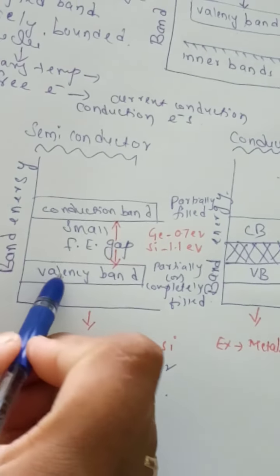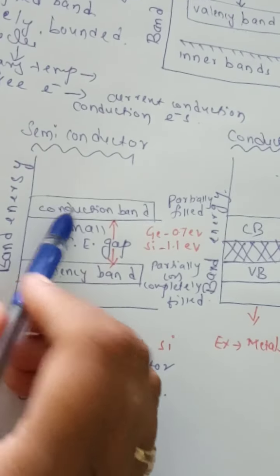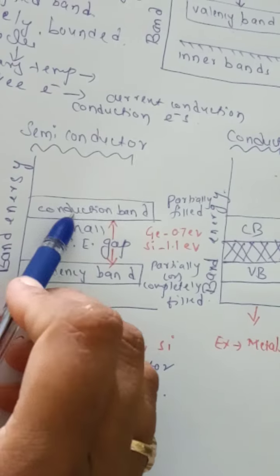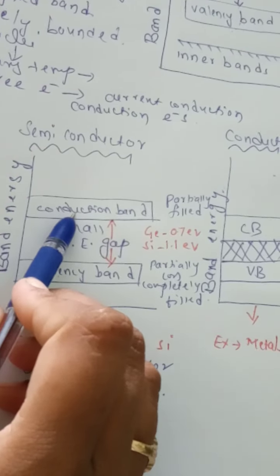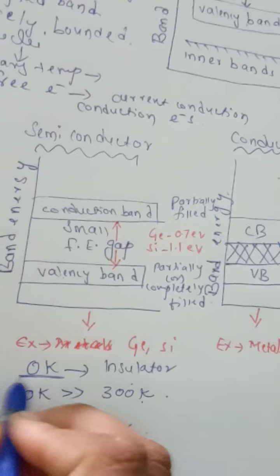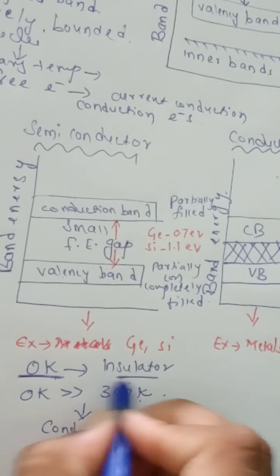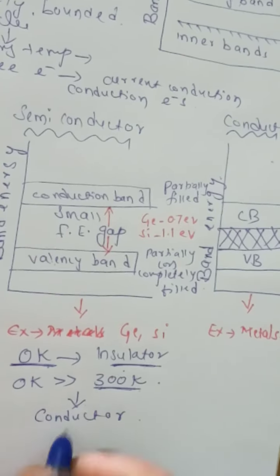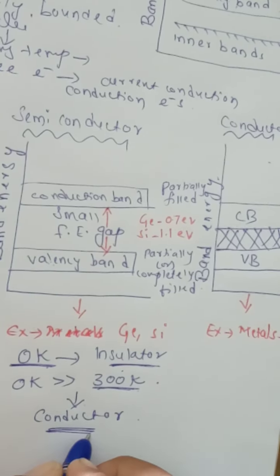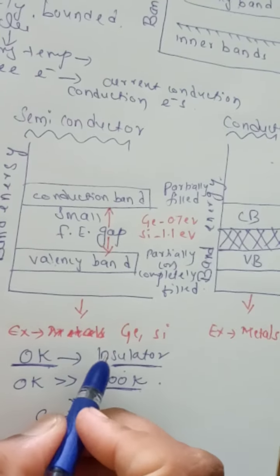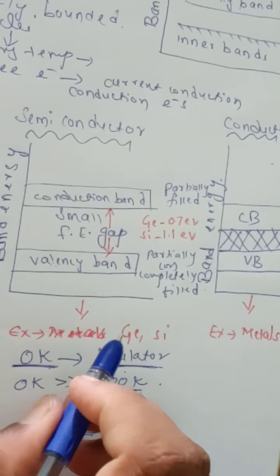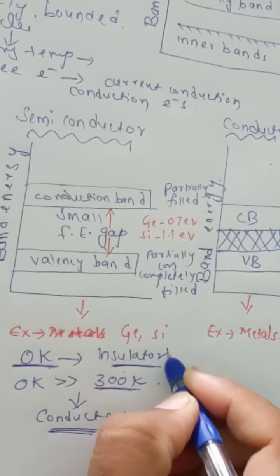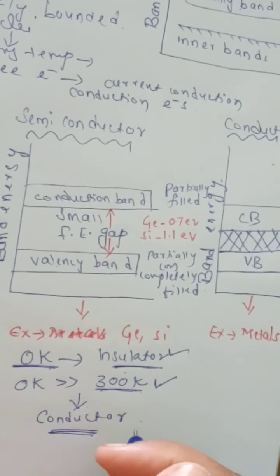When an electron jumps from valency to the conduction band, we get free electrons in conduction band, and those free electrons give rise to the current. So at 0 Kelvin it behaves like an insulator, and from 300 Kelvin it behaves like a conductor. So semiconductors are those particular devices whose resistivity lies between an insulator and a good conductor.